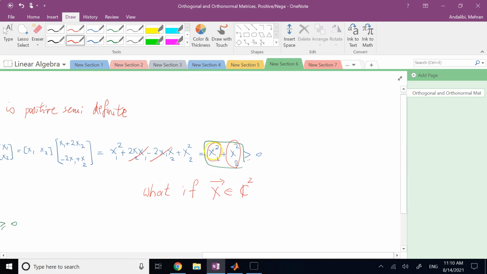So if, for example, both of them are i, the base of the complex numbers, then the x squared term is going to be negative, so some of it is going to be negative 2, negative 1, negative 1, negative 2. So it could be negative. So if that's the case, then this square term, there is nothing about it. And then you can say then M is what? Indefinite.